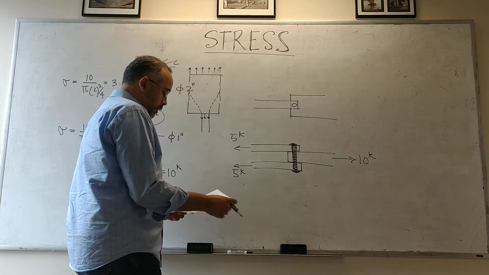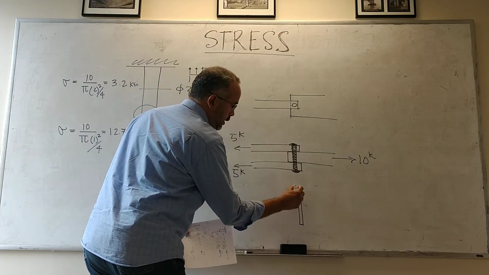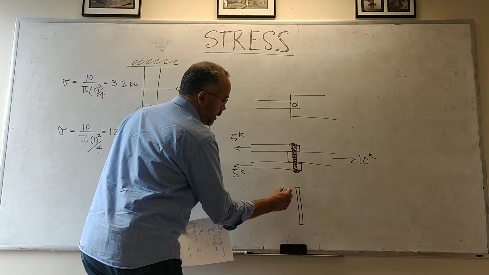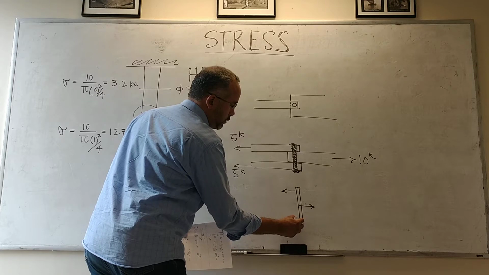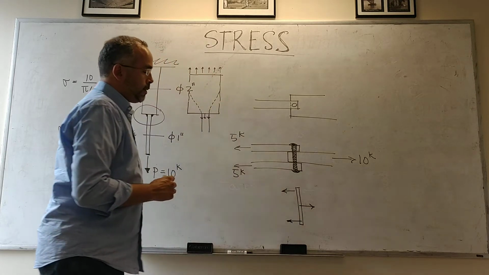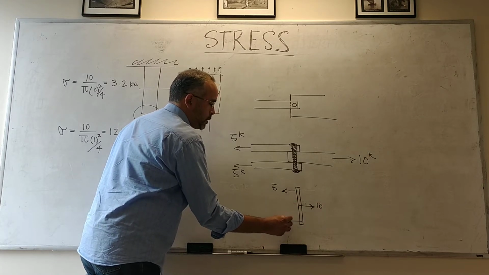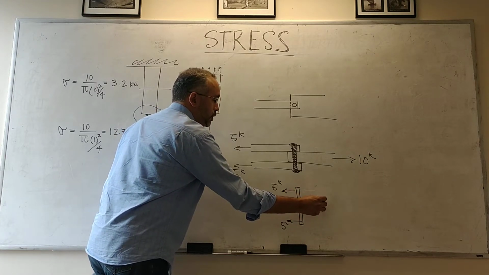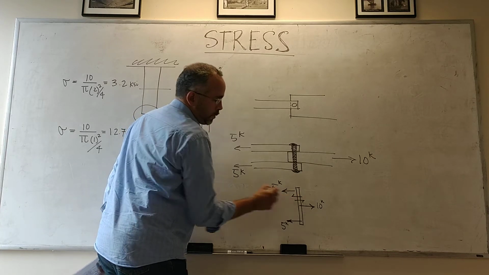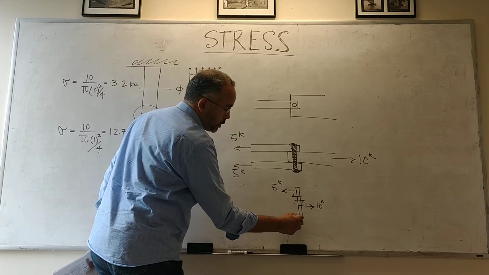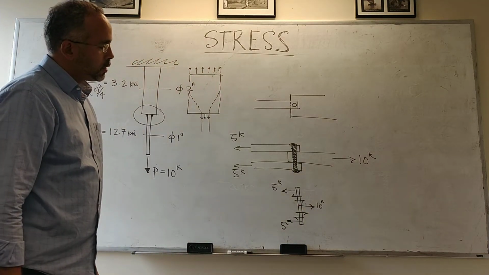Now, if we do a free body diagram of that bolt, we can see relatively easily that we basically have a force here, a force here, and a force like that. This is 5, 10, 5 kips. The shear right here at this point is 5 kips, and the shear right here is 5 kips as well.